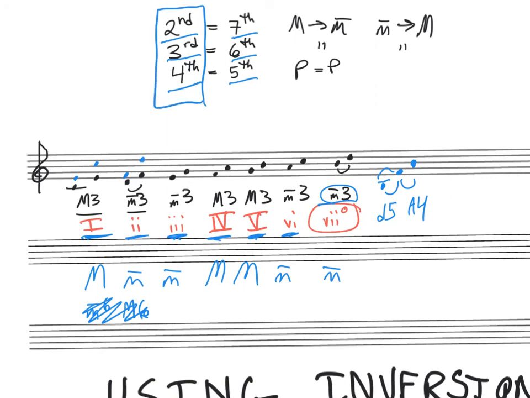And just remember, major becomes minor when you invert it. Minor becomes major when you invert it. Perfect remains perfect when you invert it. It's perhaps not necessary to say, but augmented becomes diminished when you invert it, and diminished becomes augmented when you invert it.